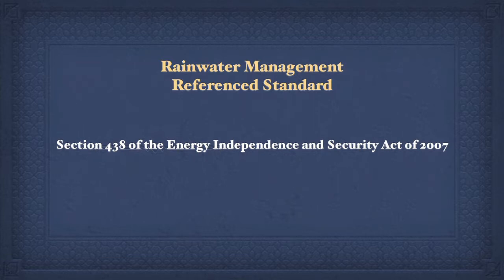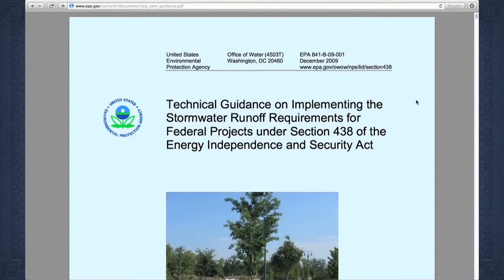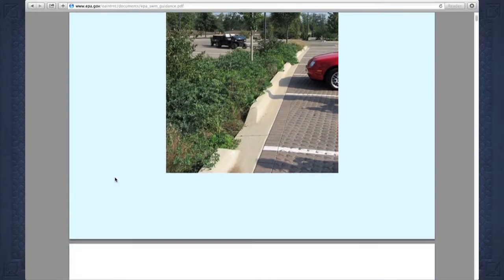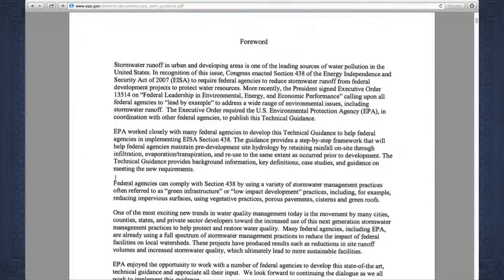Under Section 438 of the Energy Independence and Security Act of 2007, which is the reference standard for the rainwater management credit, federal agencies are required to reduce stormwater runoff from federal development and redevelopment projects to protect water resources.